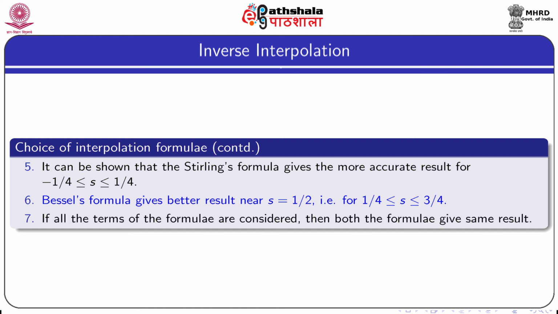If all the terms of the formula are considered, then all the interpolating formulas give the same results, including the Bessel formula and Stirling formula. In this module, we have discussed three inverse interpolation methods. One is the Lagrange interpolation method, and the other two are iterative inverse interpolation methods based on Newton's forward and backward interpolation formulas.